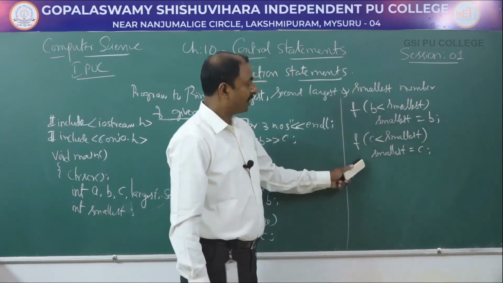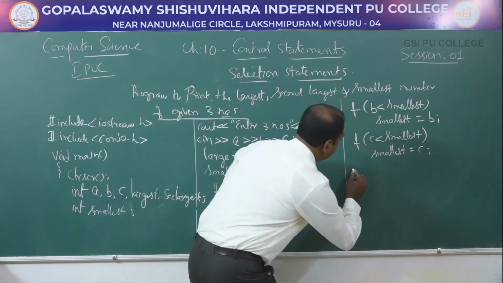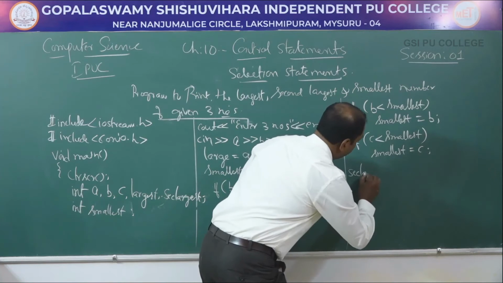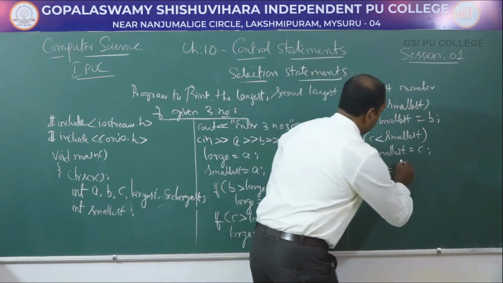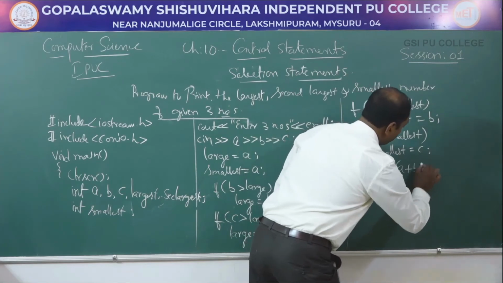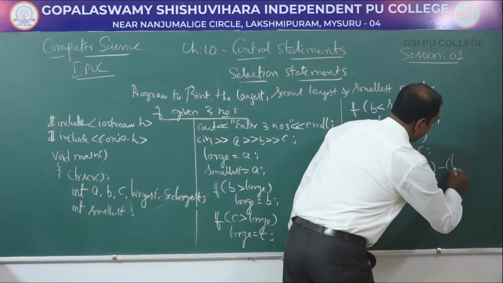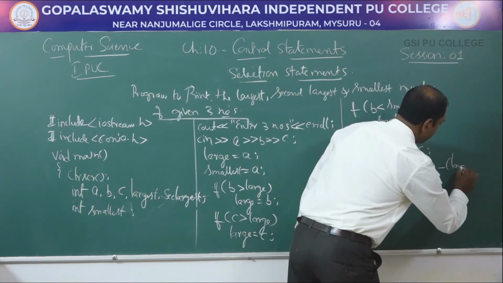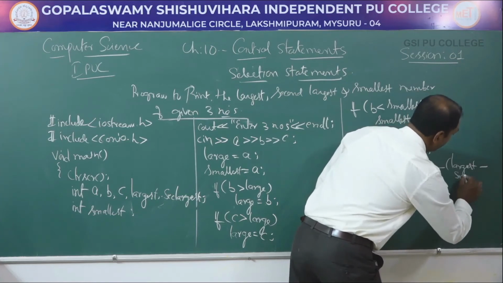After this, we have to find the second largest number. Second largest equals A plus B plus C minus largest minus smallest.